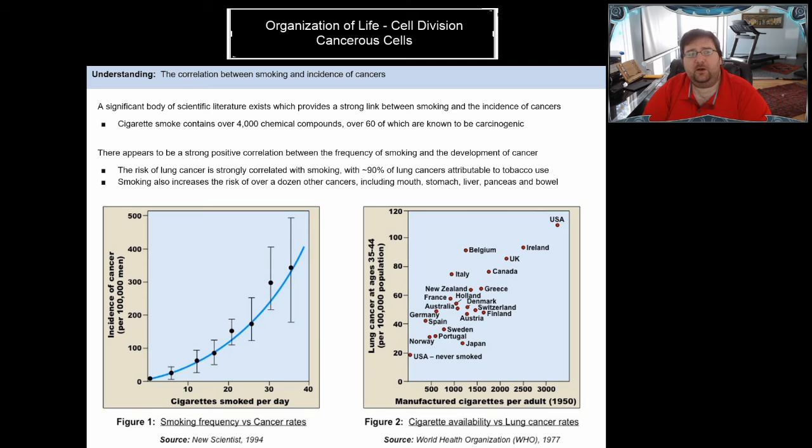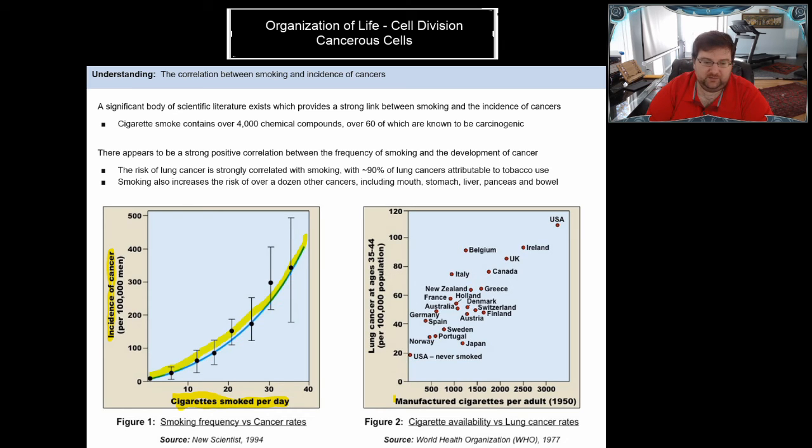The last thing we're going to talk about is the correlation between smoking and cancer. So if we look at graphs where you have the amount of cigarettes smoked per day on the x-axis and the amount of cases of cancer occurring in the population, you'll notice an exponential curve here, where as the amount of cigarettes increases per day, the amount of cancer in your population increases.